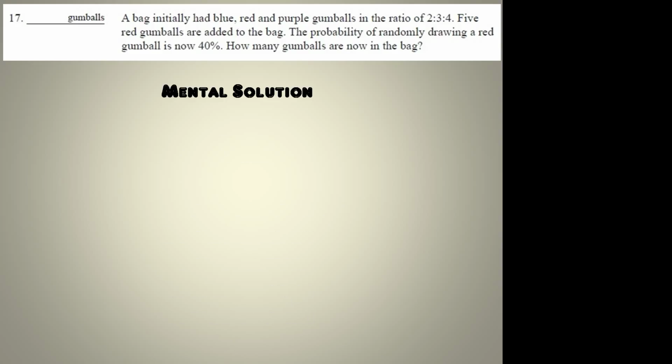Okay, mental solution. There is a smart way to find the solution. So let's do some thinking. Instead of writing an equation, setting a variable t here, we know that 2 plus 3 plus 4 is 9.